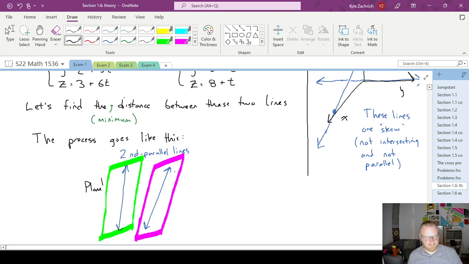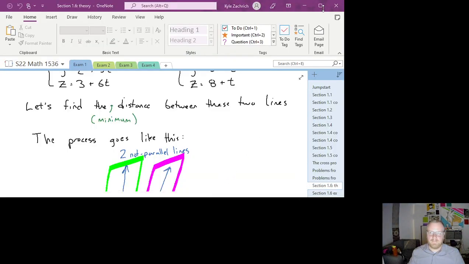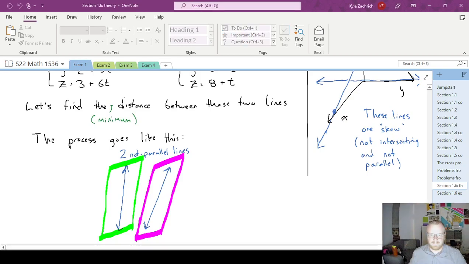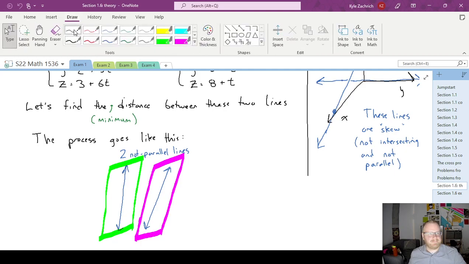Might as well call this one plane 1 since it's on the left. So plane 1 is on the left.